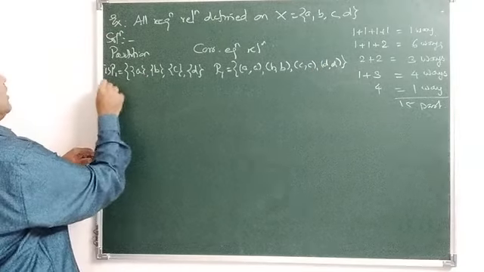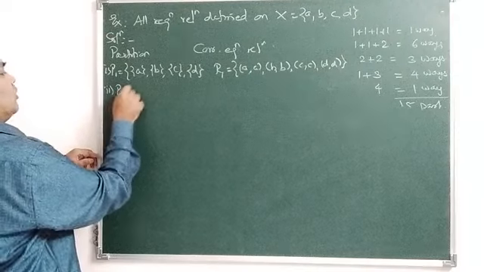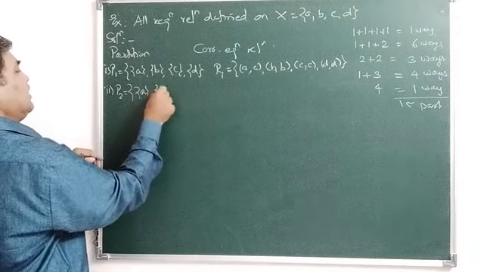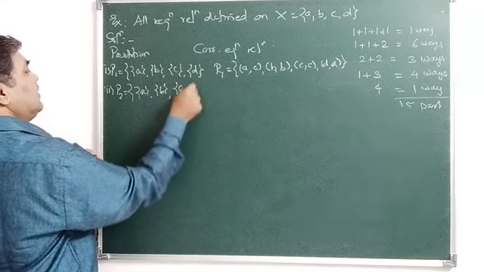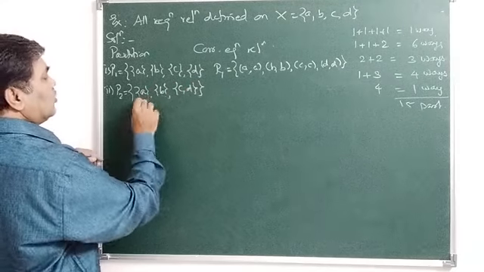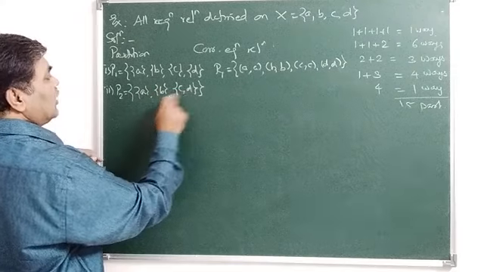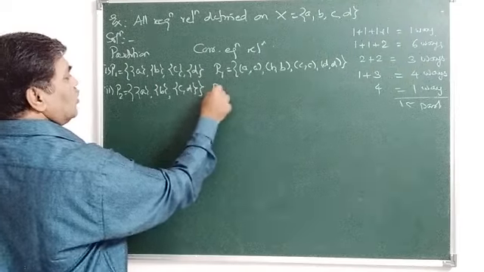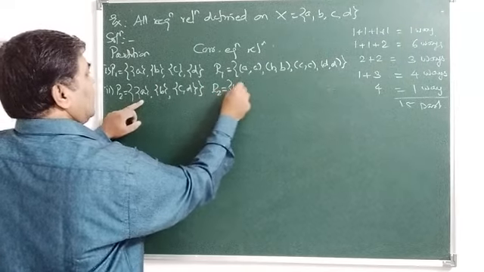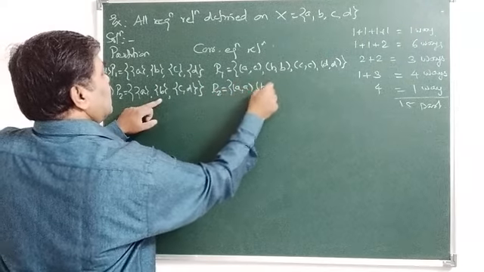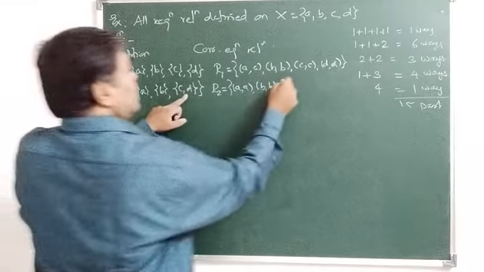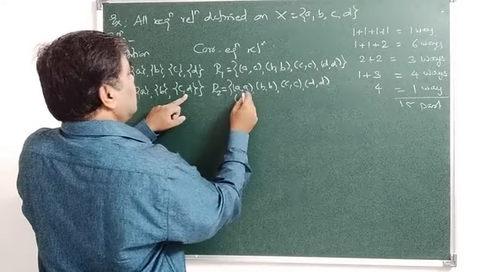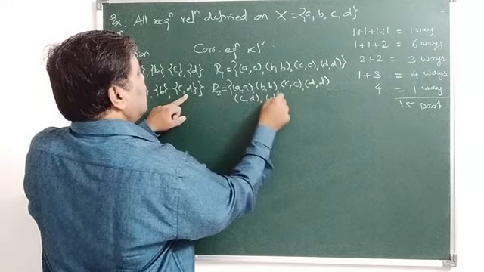Then second partition P2, 1 plus 1 plus 2. So I'll take A, B, and the 2 element set C, D. So I'll get 1 plus 1 plus 4, 6. So R2 is equal to AA, BB, then for this CC, DD, then CD and DC.